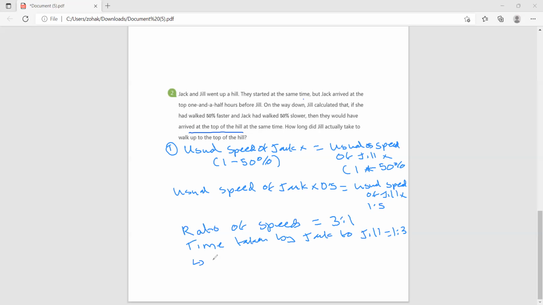That would very simply be, for the time taken by Jill, 1.5, because remember Jack arrived at the top 1.5 hours before Jill, but then we have to divide that by 2. Okay, and then we've got 3 parts over here, so we multiply that by 3 to get 2.25 hours. So guys, hopefully that helped you all, and I hope that you've enjoyed the lesson this week as well.